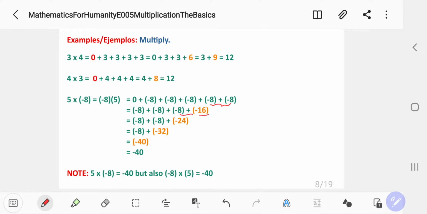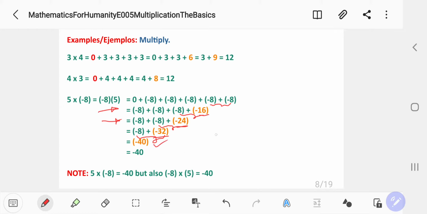And then 8 plus 16 will just be equal to 24. And then in this line you have negative 8 plus negative 8 plus negative 8 plus negative 16 is negative 24. And then on this line you have negative 8 plus 24 is equal to negative 32. And then you have finally here negative 8 plus negative 32 is equal to negative 40.